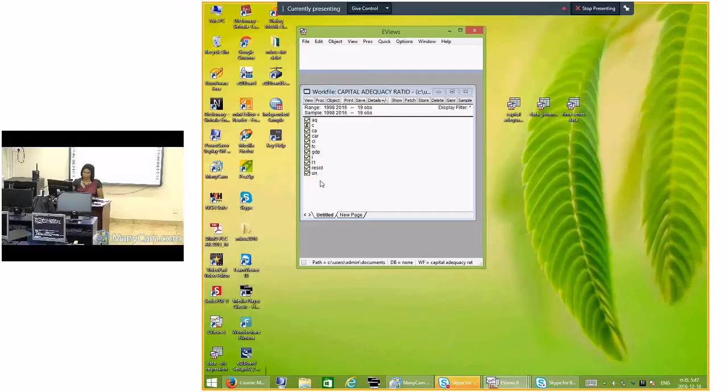Liquidity, capital adequacy ratio, CI, unemployment, interest rate, GDP, adequacy.